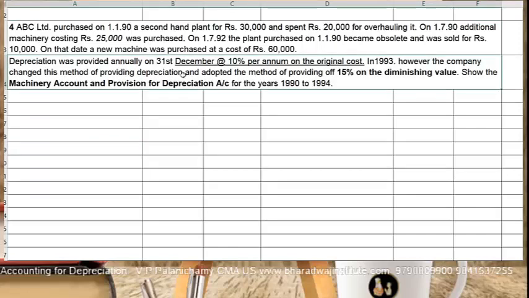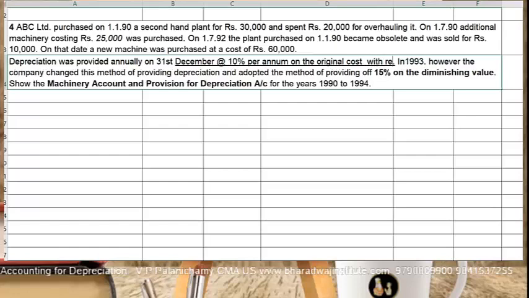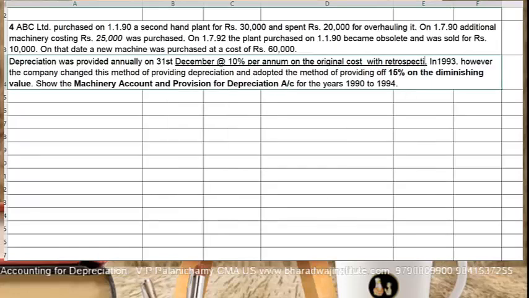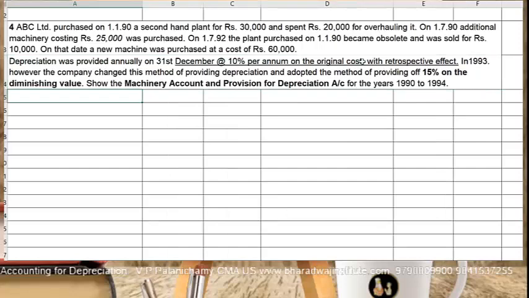The working for change in the method of depreciation with retrospective effect. I'm just changing the problem for solution for this purpose with the retrospective effect. So try to work out this fourth question under provision for depreciation account method.